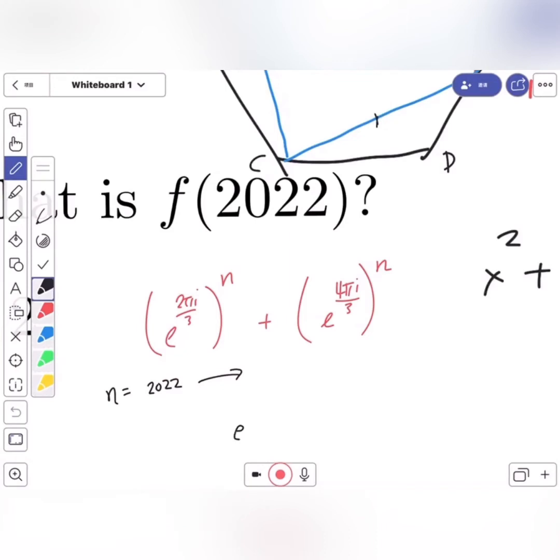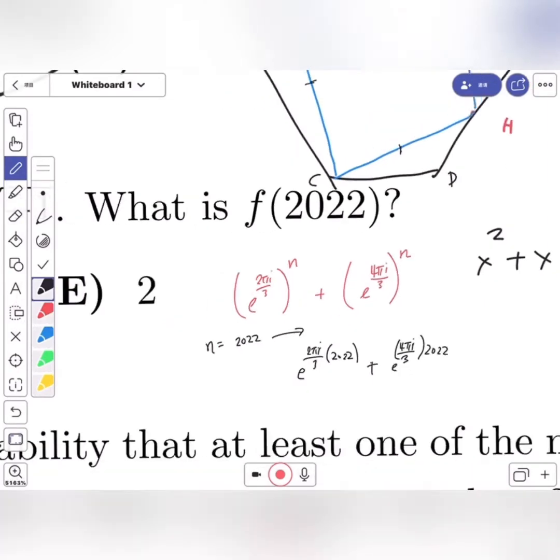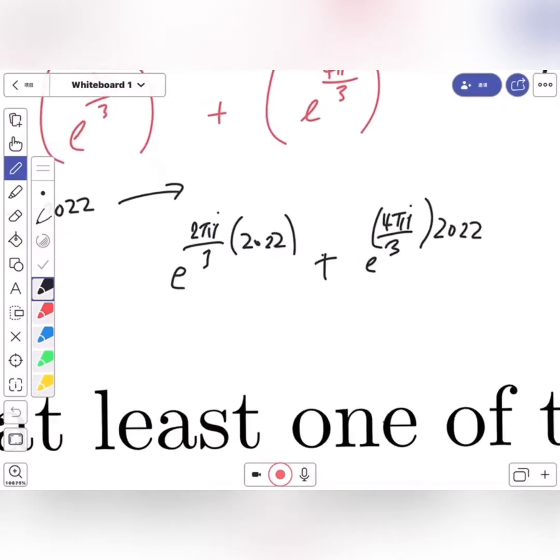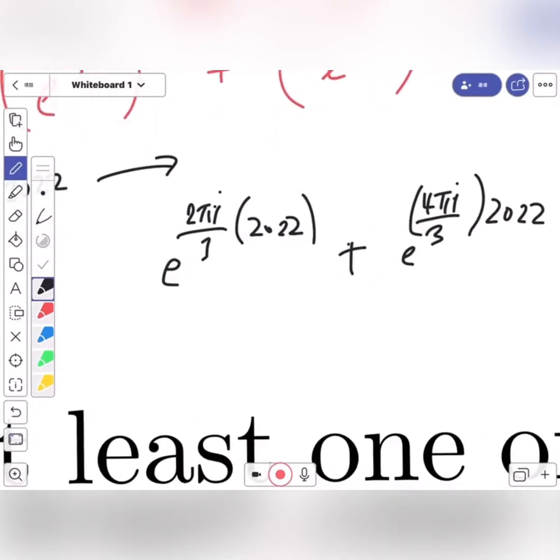So this gives us e to the 2 pi i over 3 times 2022 plus e to the 4 pi i over 3 times 2022. Now what is this value? This value is just essentially going to be e to the 2 pi i times 674.